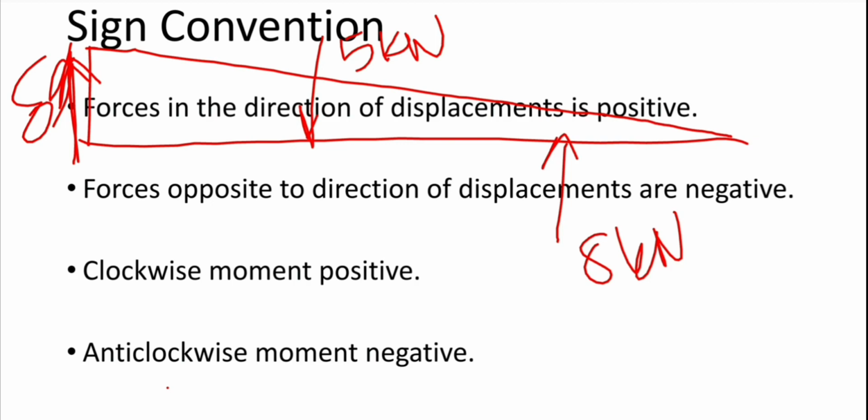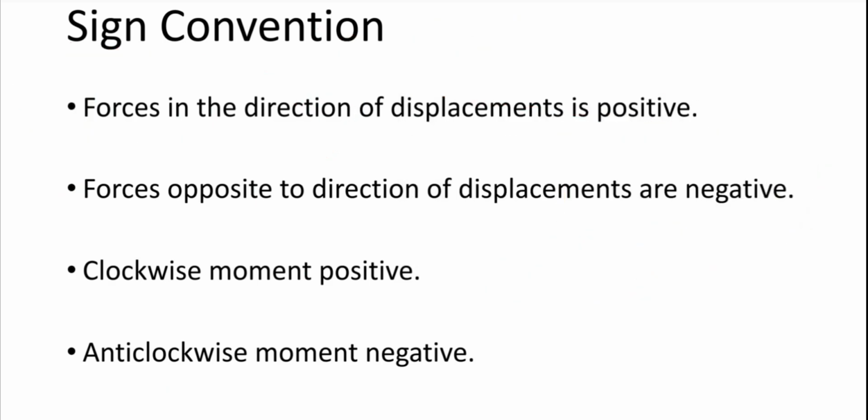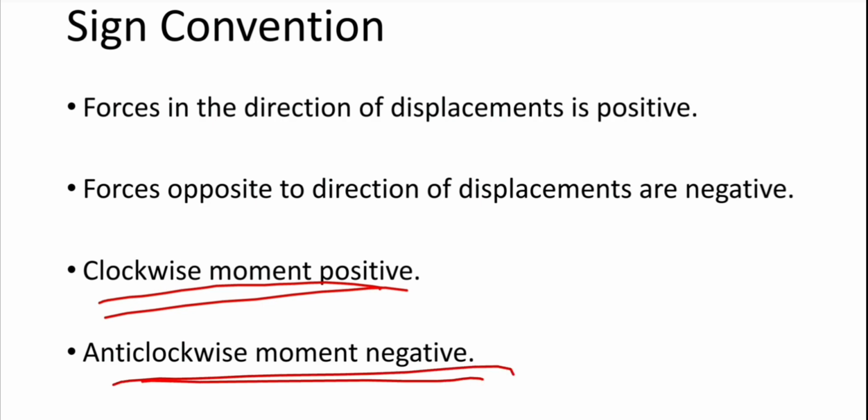So the 5 kilonewton is acting in the downward direction and the displacement is in the upward direction, so we will take this 5 kilonewton to be negative, to be minus. The force 5 kilonewton in the work done equation will be taken as minus. And the 8 kilonewton is in the direction of displacement, so we will take it positive in the work done equation. Okay, that is what is given in these two sentences. And the clockwise moment is positive and the anti-clockwise moment is negative, as it is the same in the equilibrium condition equation.